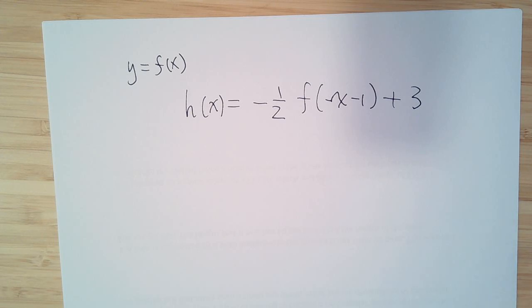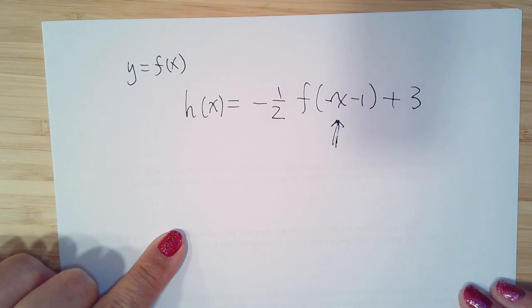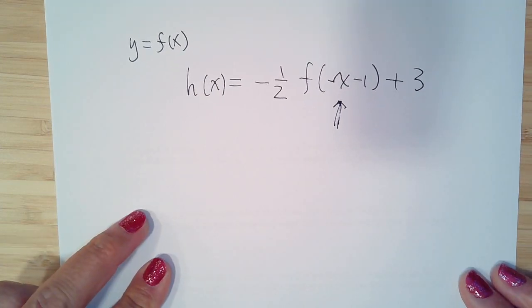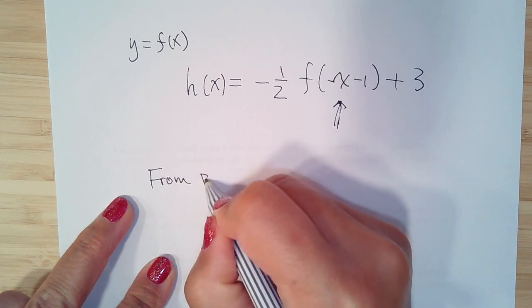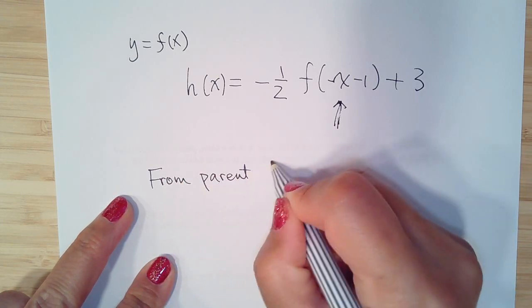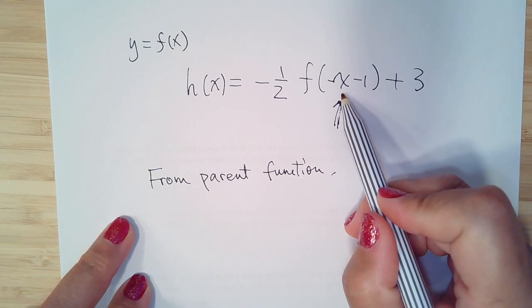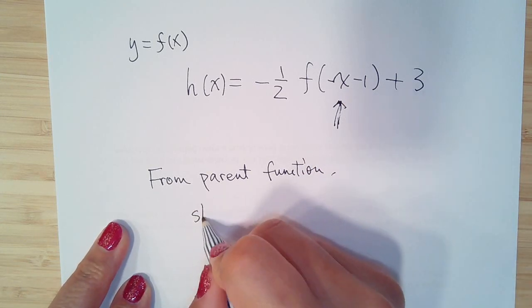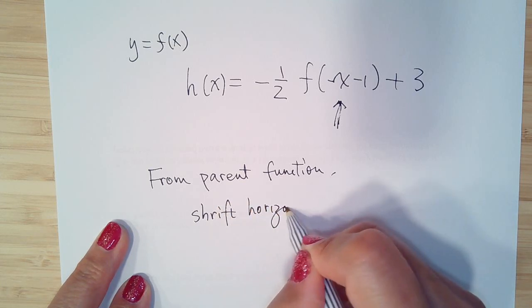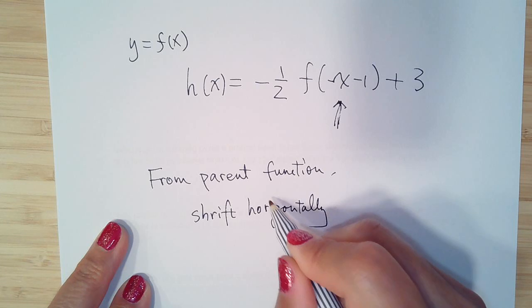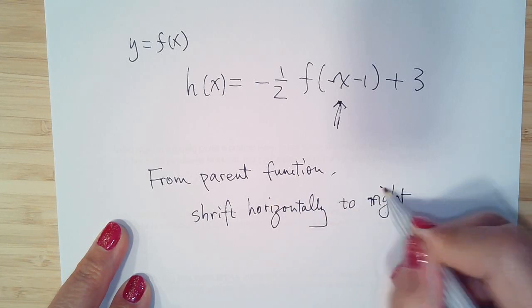Okay, I tell you, always identify where your x is. So here are the steps you should do, starting from the parent function. First of all, x minus 1, you have to shift horizontally to the right by 1.